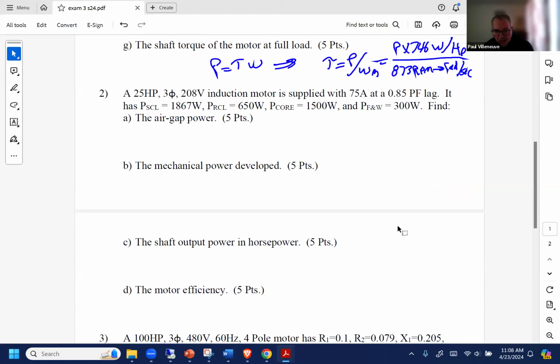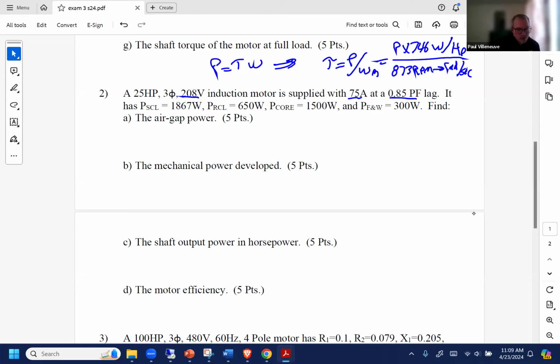So again, a lot of these problems, you have to look at what's relevant. So to calculate air gap power, I don't actually need to know... oh, the chat. All right, thank you. I missed that part. Looking at this particular problem, because I know the current, the power factor, and the voltage, I can immediately start to calculate how this machine does its losses.